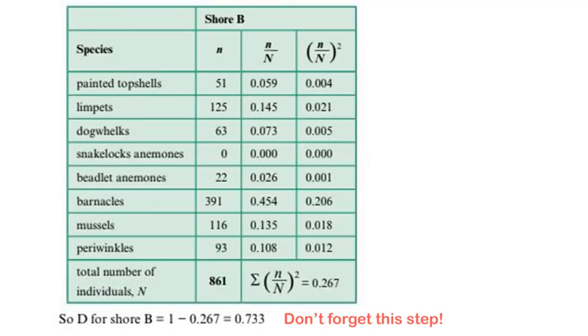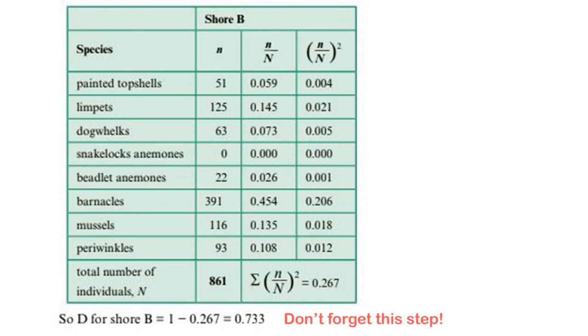So looking at shore B, exactly the same table, exactly the same principle here. Divide one by the other. So in this case, we're dividing 51 by 861. We're getting 0.059, which we square to get 0.004. Repeat, add them up together, you get the sum of 0.267.